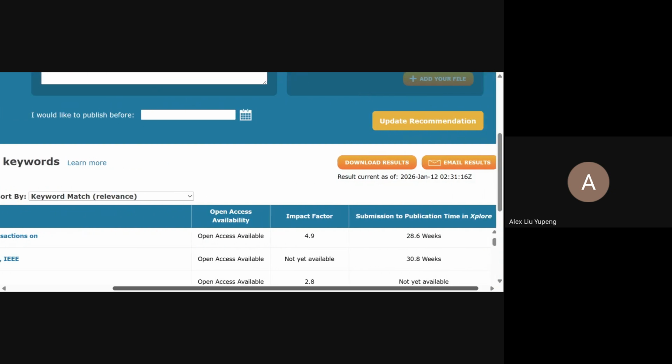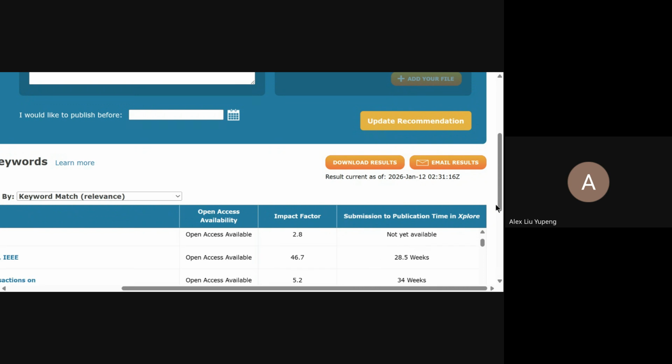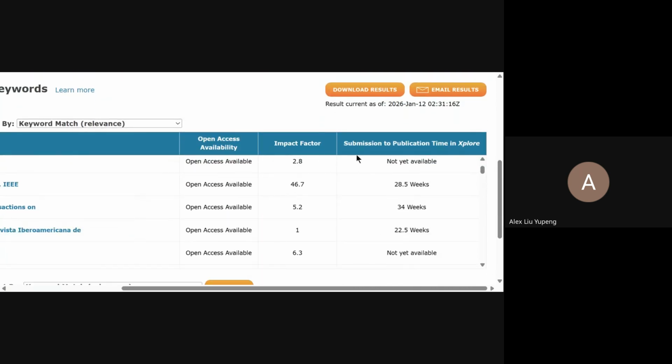But this publication recommender is useful on one thing, which is it will give you an estimated timeline of submission to publication time based on historical data. Let me repeat, based on historical data. Your mileage may vary.